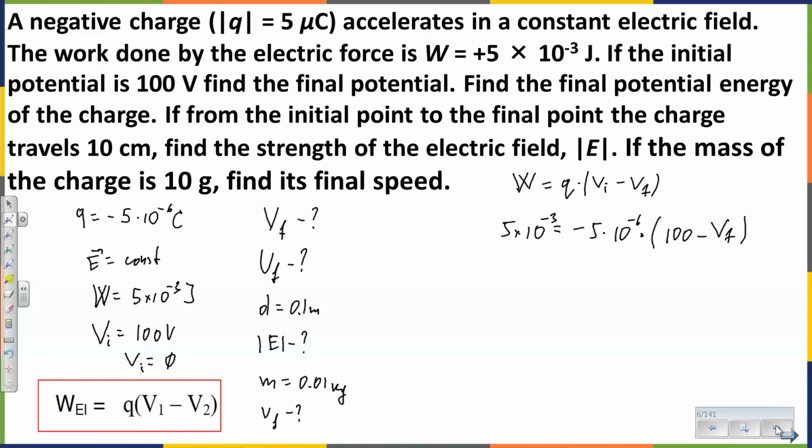It turns out, actually, it's a very simple algebraic equation. We can solve it for the final potential. It should be equal to (100 plus 5 times 10 to the negative third) over 5 times 10 to the negative sixth.